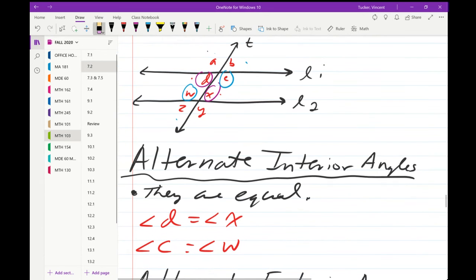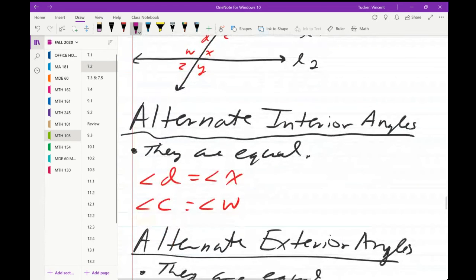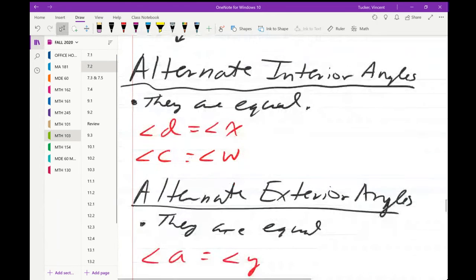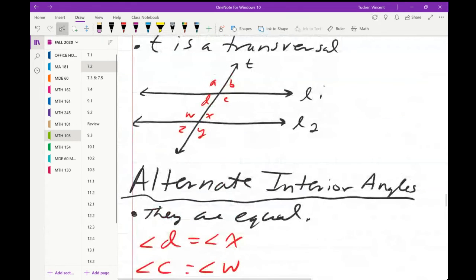All right, questions on those relationships? All right, next one's alternate exterior angles. So they're going to be equal. So once again, alternate, talking about opposite sides or alternate sides of your transversal.